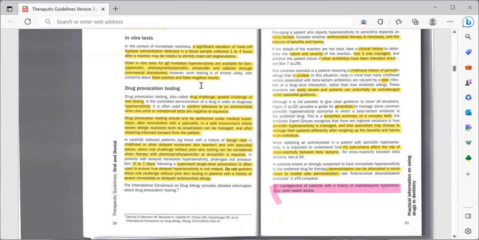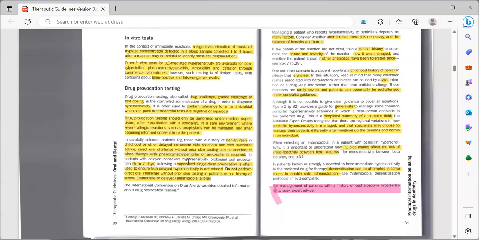But in certain cases, certain patients would only need the penicillin. So those are the cases where we need to perform these tests. These are not very normally done, but these tests need to be performed to make sure that the patient is actually allergic to this drug.